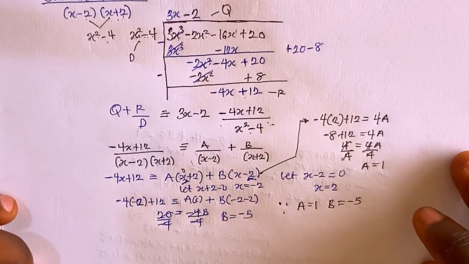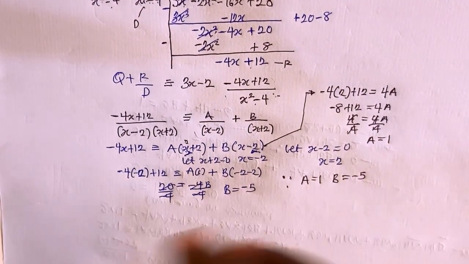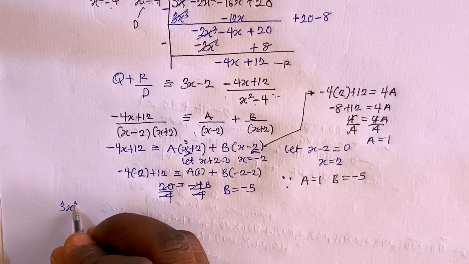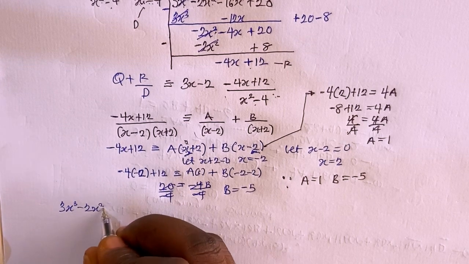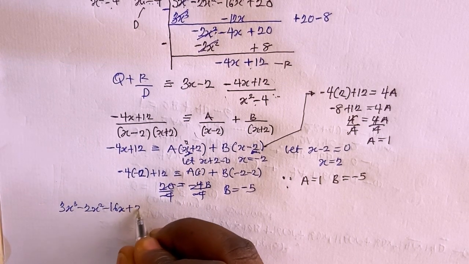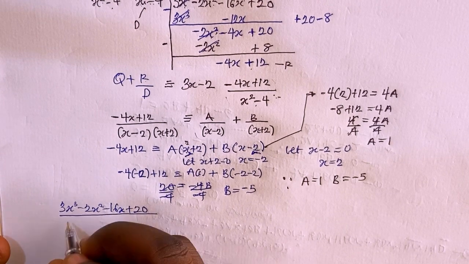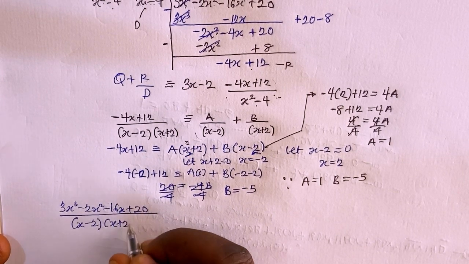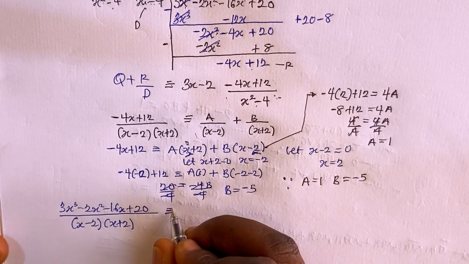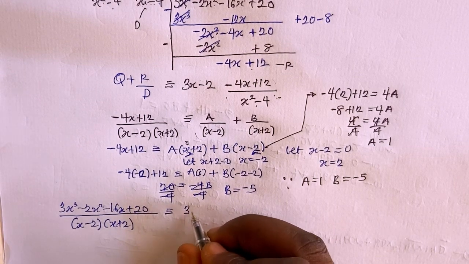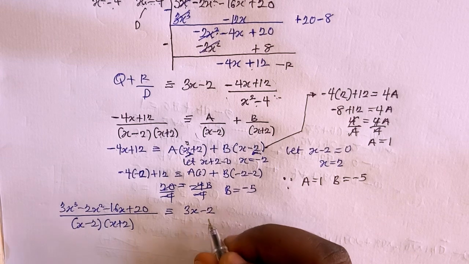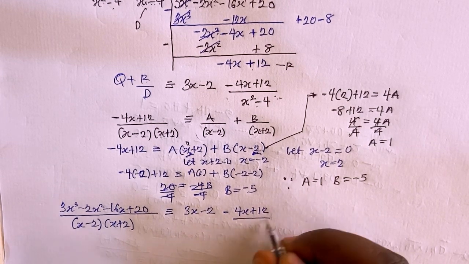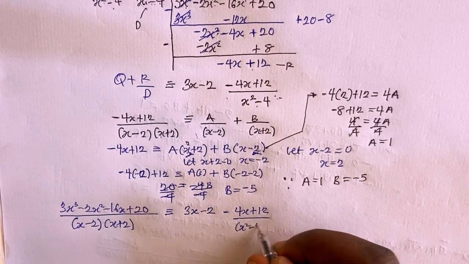Right? So now the whole expression, 3x raised to power 3 minus 2x squared minus 16x plus 20 divided by x minus 2 and also x plus 2, which is equivalent to 3x minus 2 minus 4x plus 12 divided by x squared minus 4.